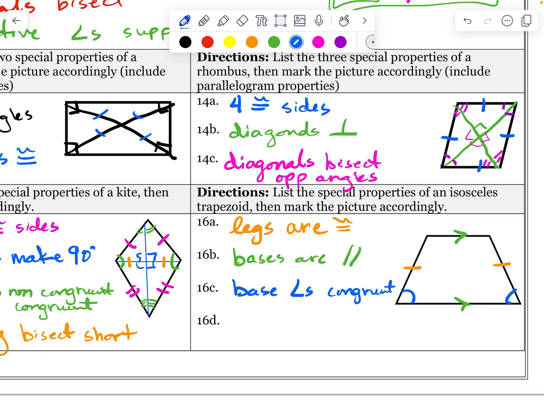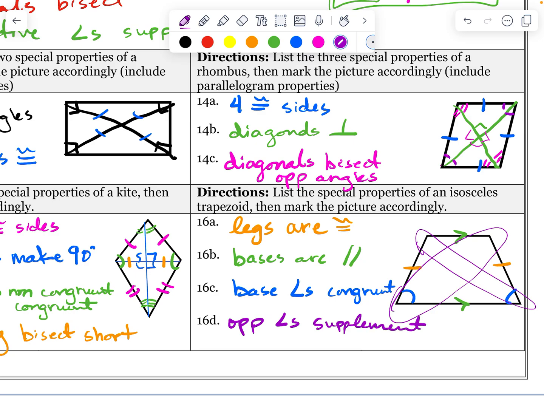And then the opposite angles are supplementary. So add to 180, add to 180. Gorgeous. Oh, and the diagonals. Forgot my diagonals. These diagonals right here are equal to each other.